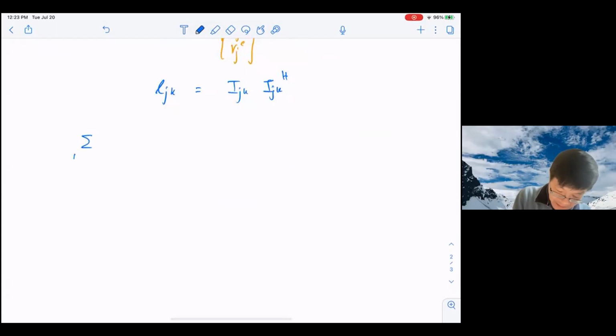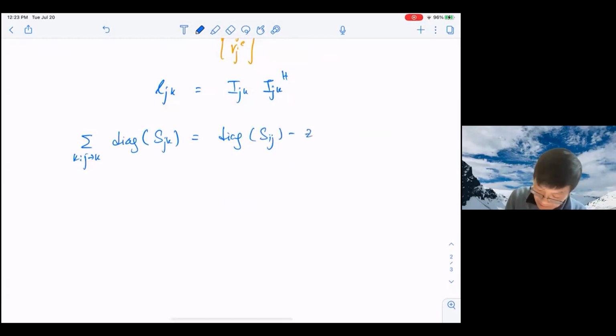So the Kj power balance is the diagonal of Sjk, the diagonal of Sij minus the 3x3 matrix Zij times the 3x3 matrix Lij, plus the local injection vector.